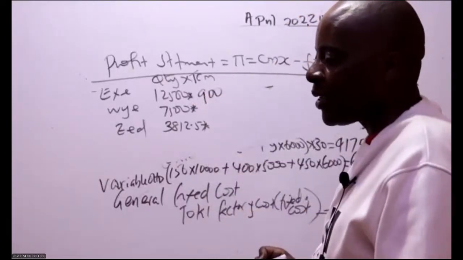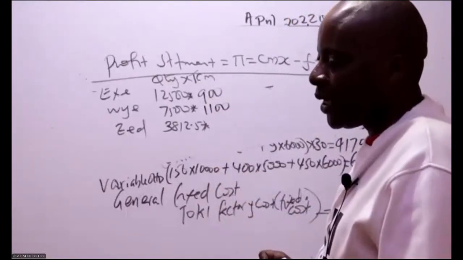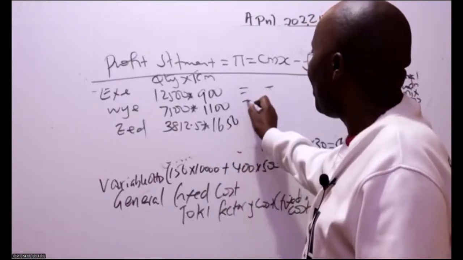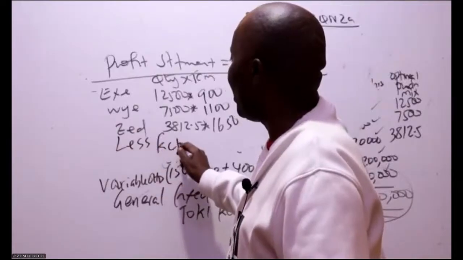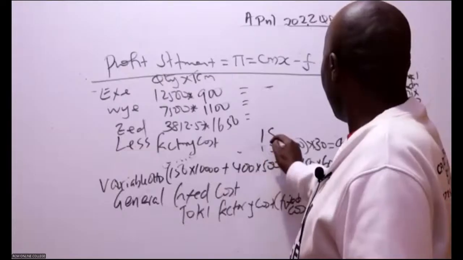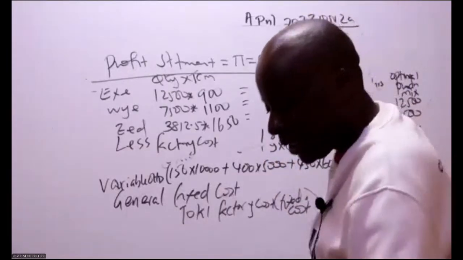How about Y? 1100 for Y. How about Z? 1650. Yes. So please give me these figures, less factory costs. And the factory cost is 18,950,000.